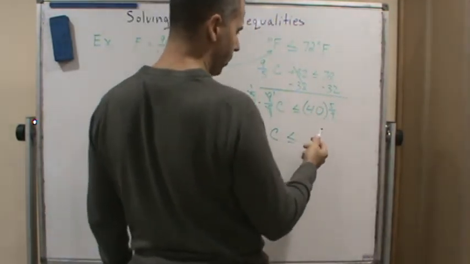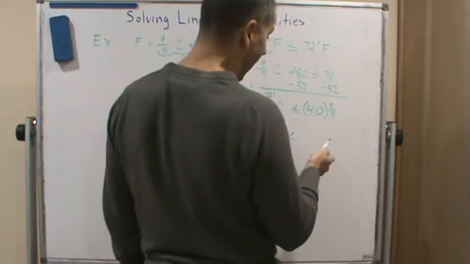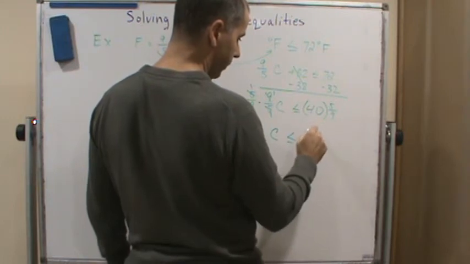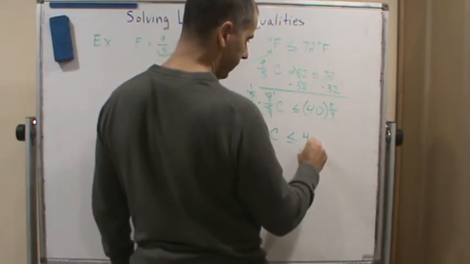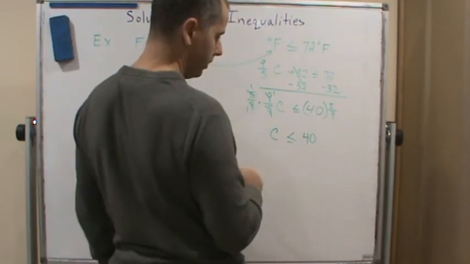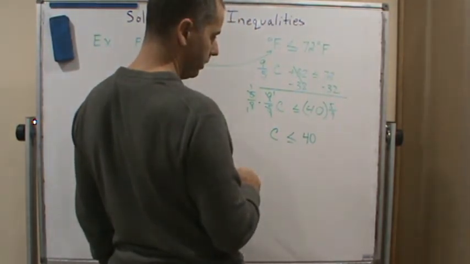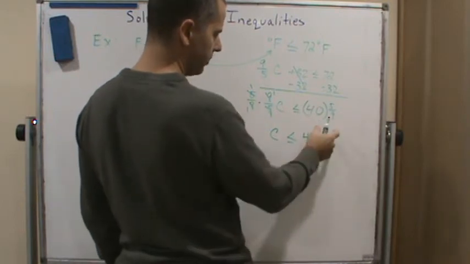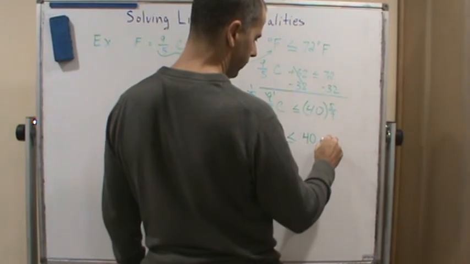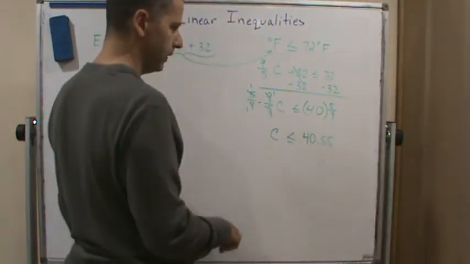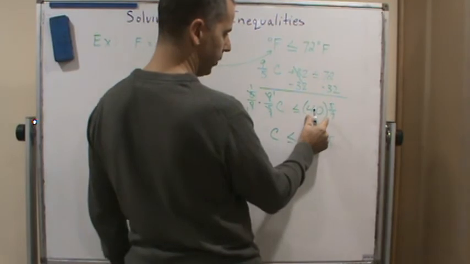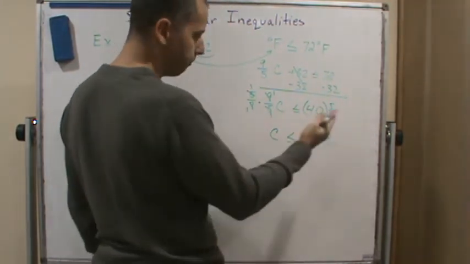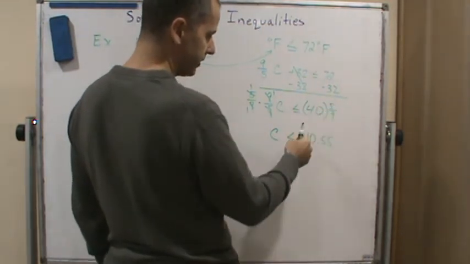I thought this was going to be 40 and 5/9, because it's 40 times 5/9, but nonetheless, it's going to be 200 over 9.